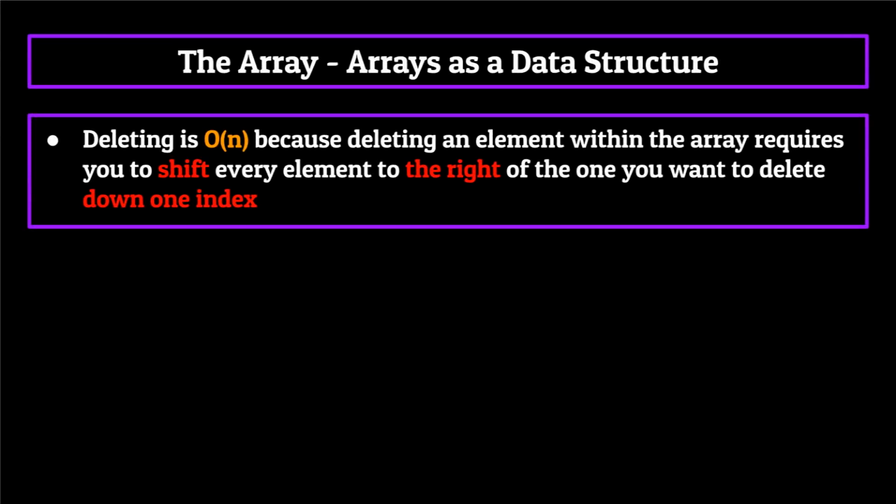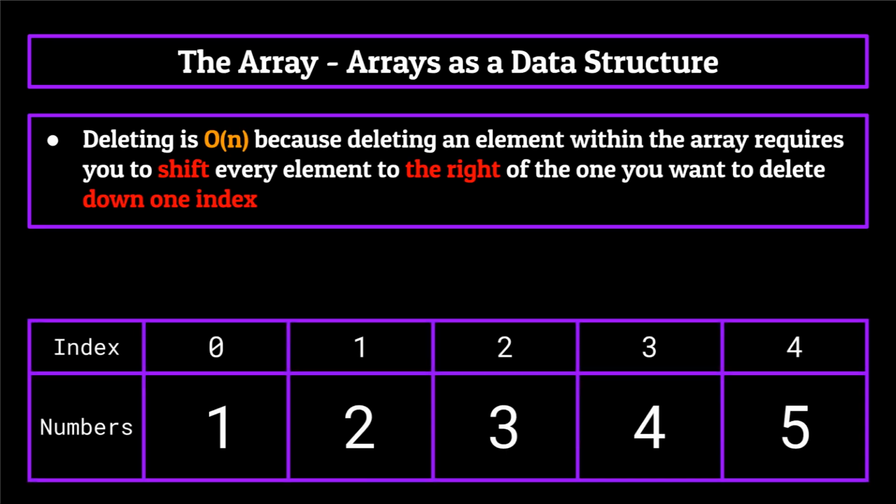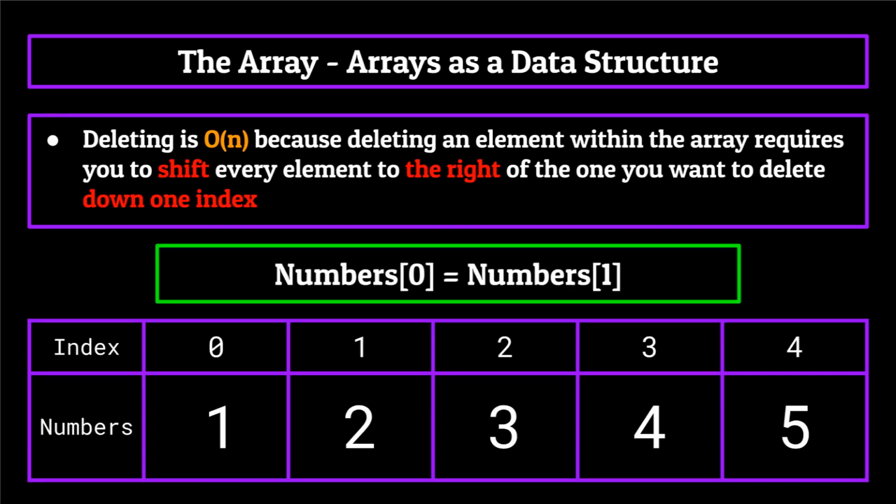Deleting an element from an array follows mostly the same idea. You shift every element to the right of the one you want to delete down 1 index, and essentially you have deleted that element. Again, let's say we had an array of numbers 1 through 5. Only this time we want to delete the number 1 at the 0th index. What we would do is set the 0th index to whatever is contained at the 1st index, in this case the integer 2.